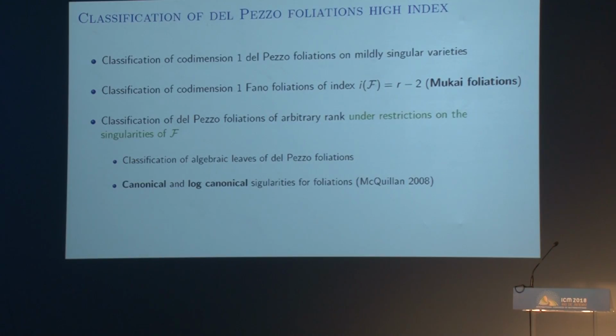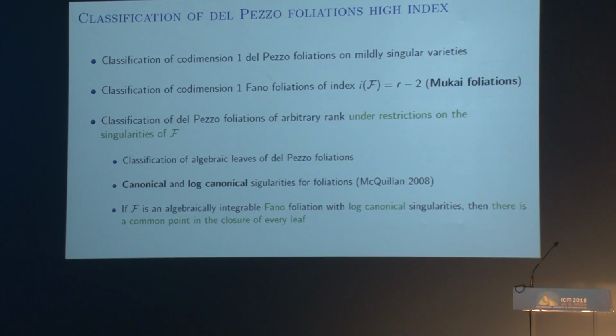Here I just want to say that there are notions of canonical and log canonical singularities for foliations. This is very much in the spirit of what Chen Yang explained to us today. Canonical and log canonical seem to be the important notions to work with if you want to do birational geometry using foliations.